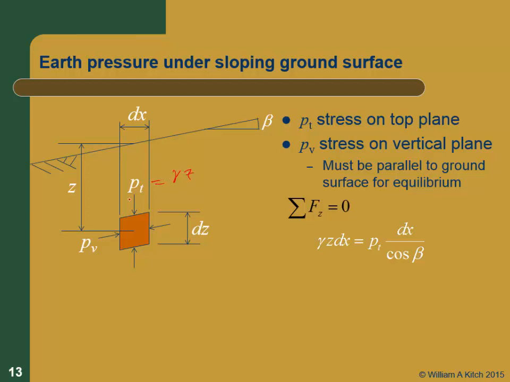Because it's still a vertical stress. So gamma z times dx has got to be equal to, gamma z is a vertical stress, it's not PT, it's not the total force on the surface. It's equal to PT times dx divided by cosine beta, because that's the length of that. And then we can just write that PT is equal to gamma z times cosine beta.